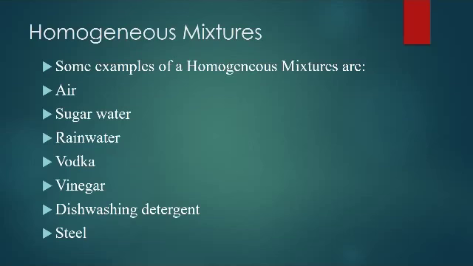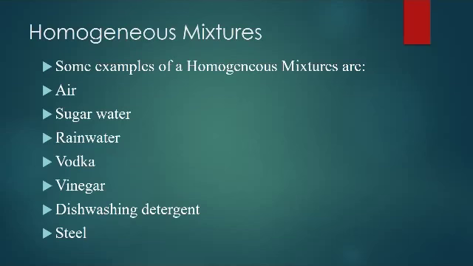Rainwater. Rainwater is made up of different chemicals, but you will not be able to see them. Vodka. Vodka is a drink which is also uniform, just like Coca-Cola. So all these are homogeneous mixtures. Vinegar is also a homogeneous mixture. Dishwashing detergents.